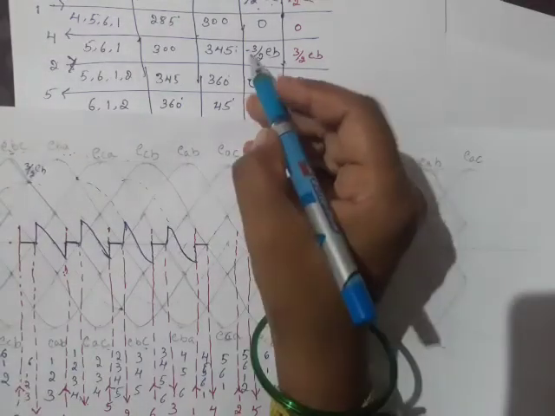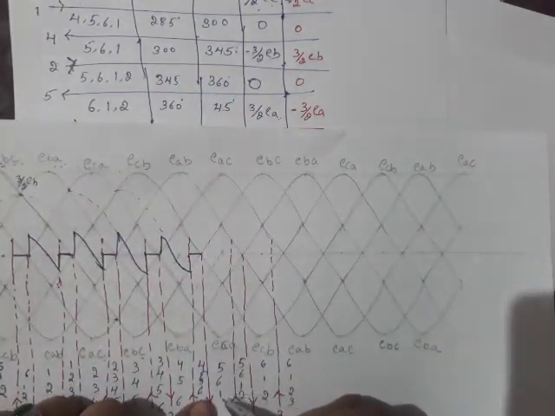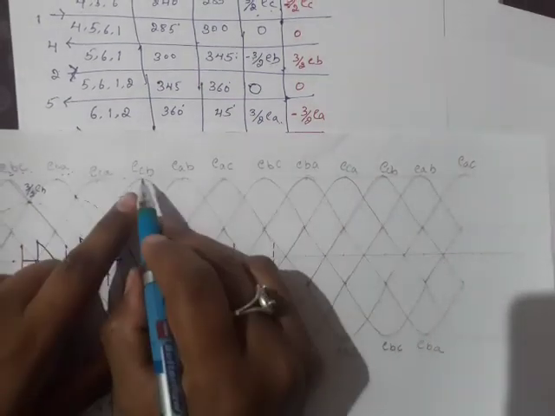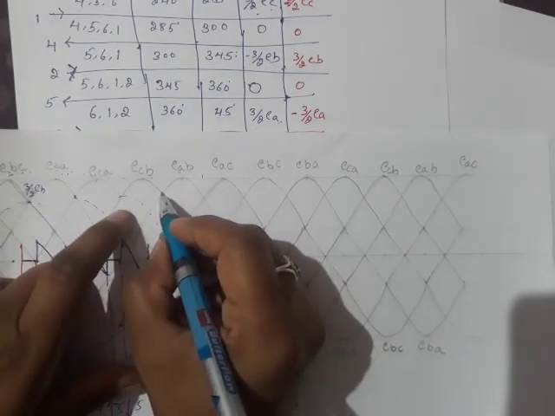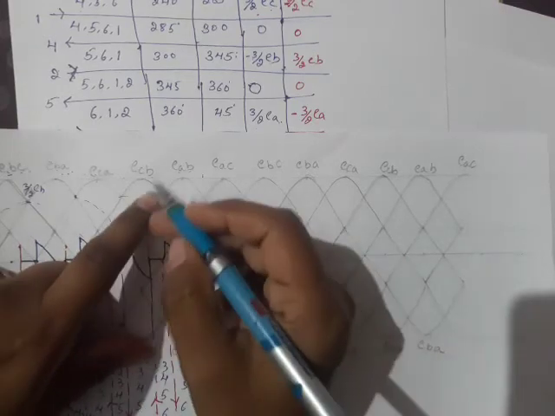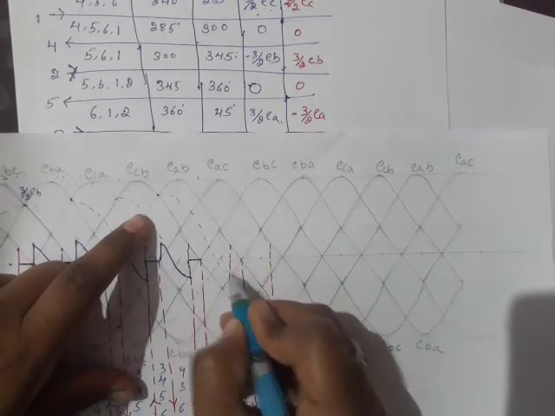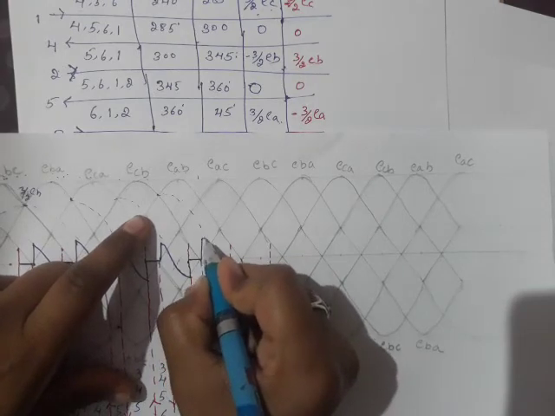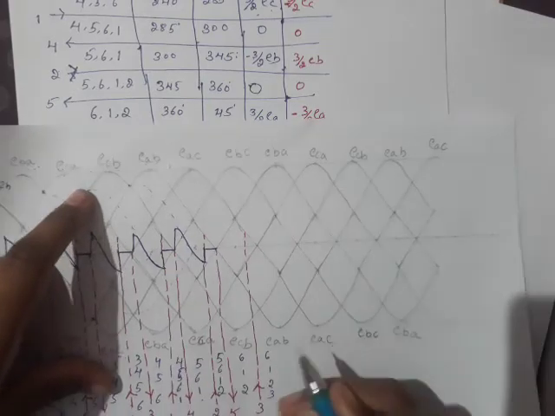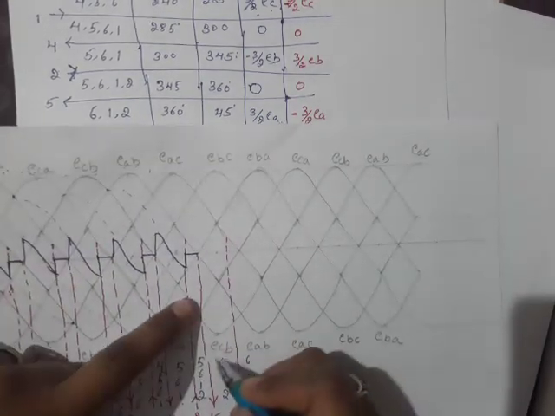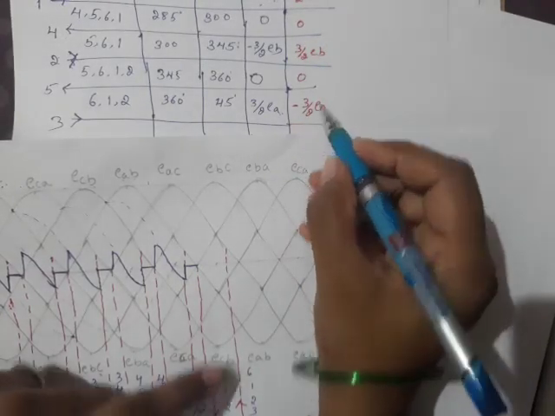So one more thing we have: minus 3 by 2 times EB during 561 conduction. EC minus EB, EA minus EB. So between these I'll get 1.5 times of minus EB. It will follow here. So it will jump and follow this waveform. Then during 4 valve conduction, it is again 0. When 612 is conducting, minus 3 by 2 times EA.